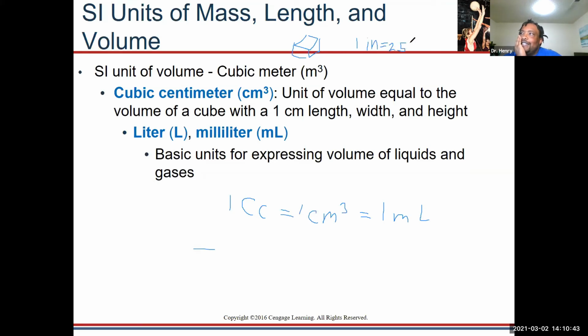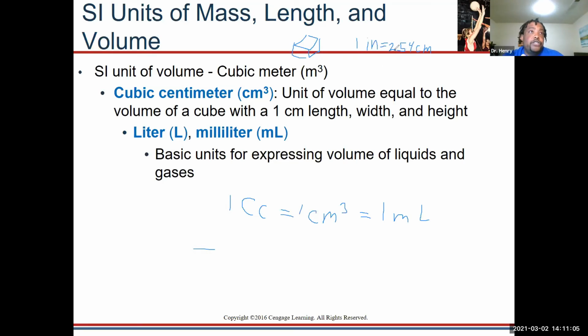How many centimeters are in 1 inch? Yes. Okay, so 1 inch is 2.54 centimeters.